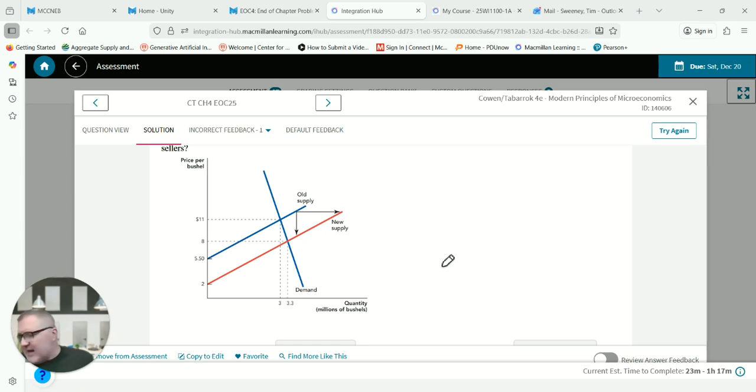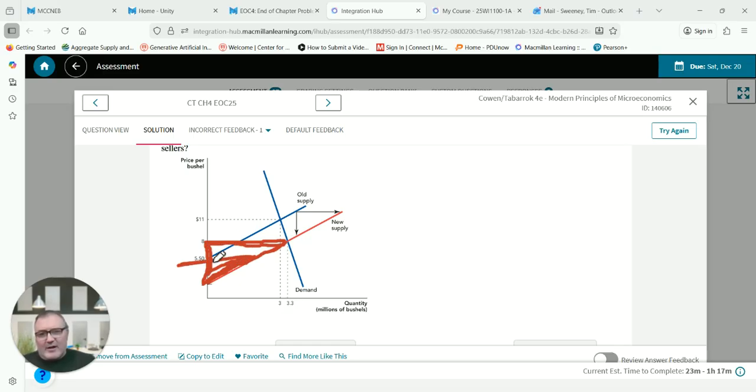So that's 8.25, which is what I had initially before we changed the supply. But now that we've changed the supply, this is my new producer surplus above the new supply line and below the price, and the new price at equilibrium is $8.